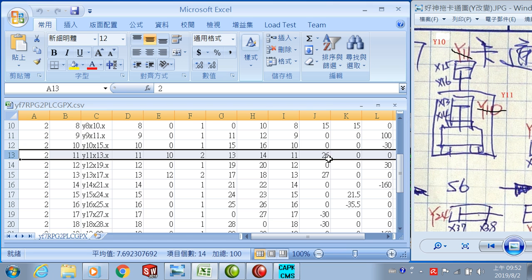What does the value 26 mean? This is object 26. So Y11 S30.x is object 11. At the beginning, the object 11 is showing on the screen.